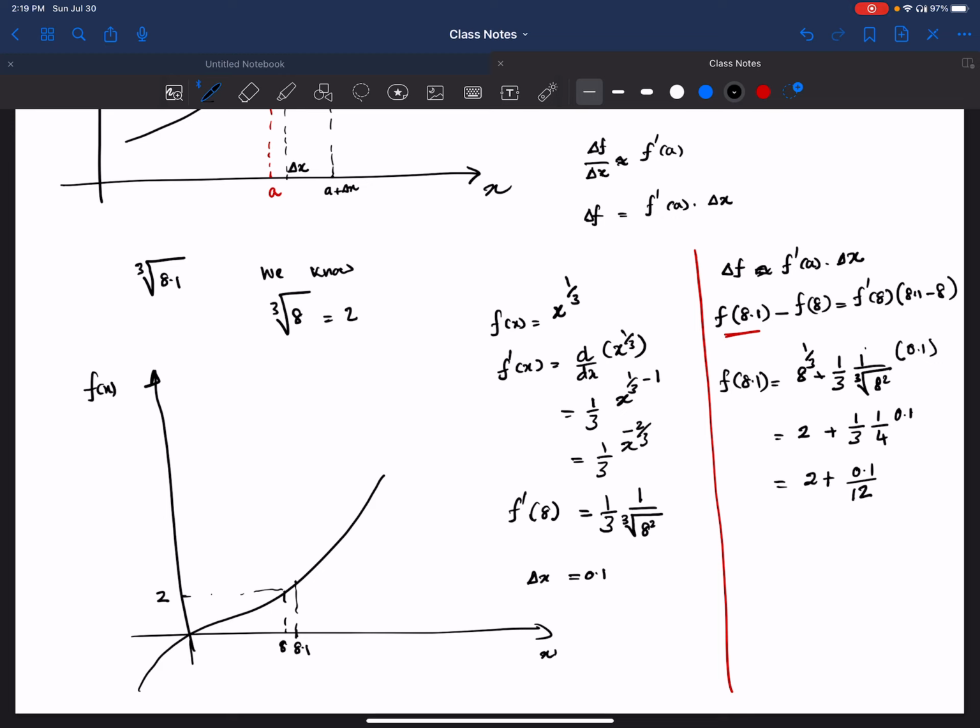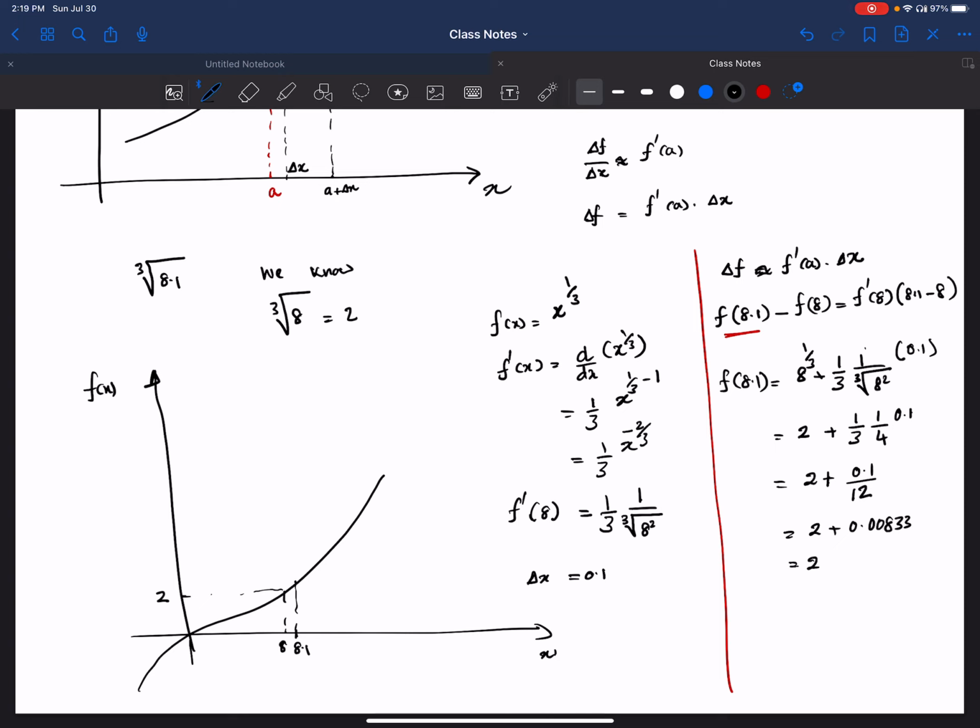The answer is going to be 2 plus 0.1 over 12. 0.1 divided by 12 is equal to 0.008333.